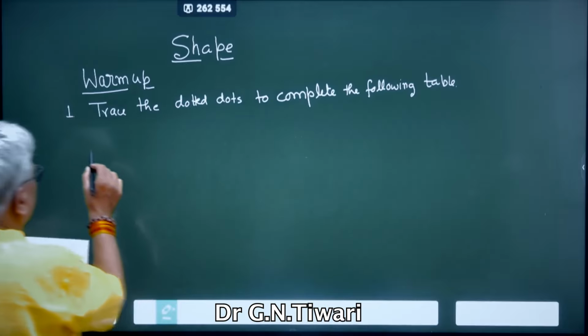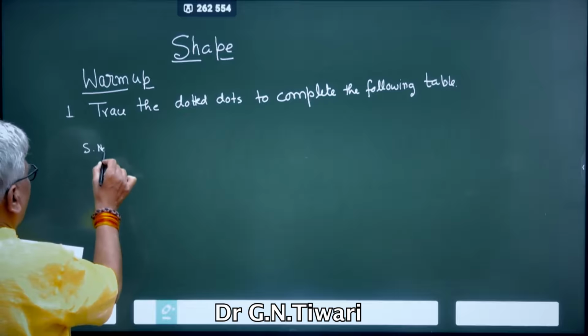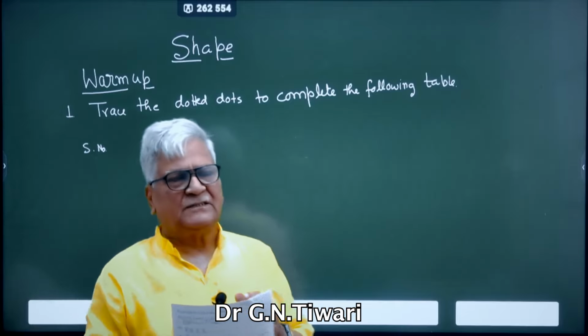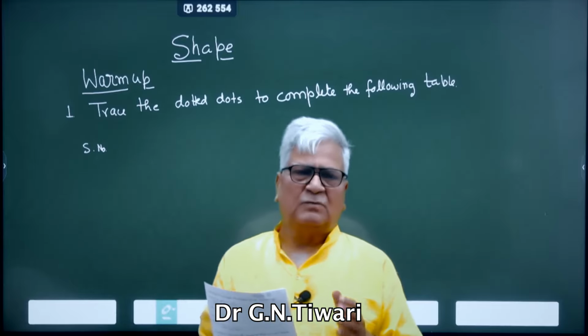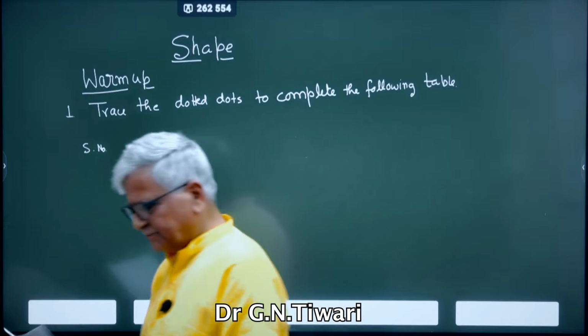First you write serial number. NO means number. Again I am trying to tell the teacher should encourage the students to do by their own handwriting instead of taking the picture from the internet.